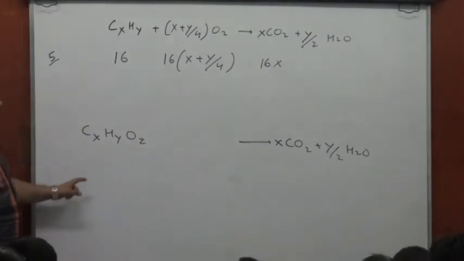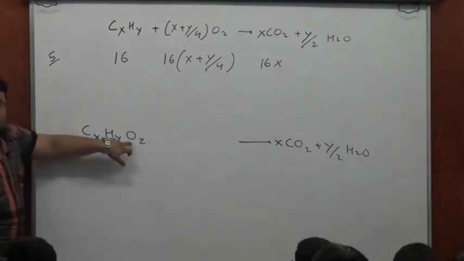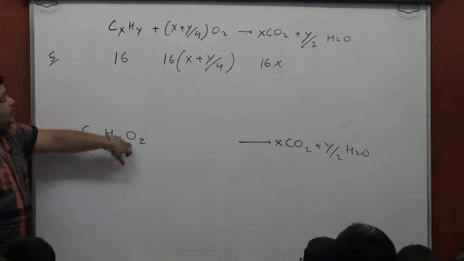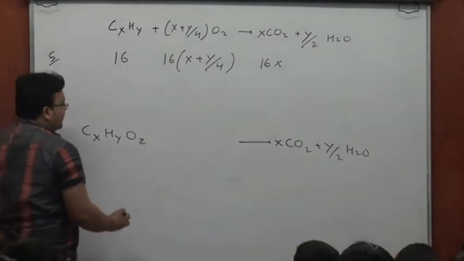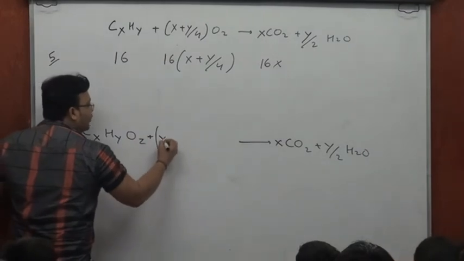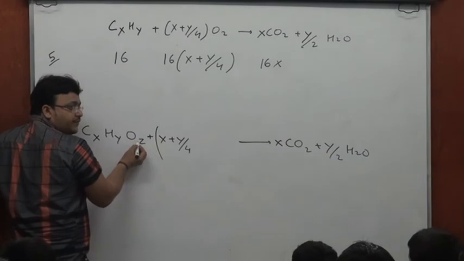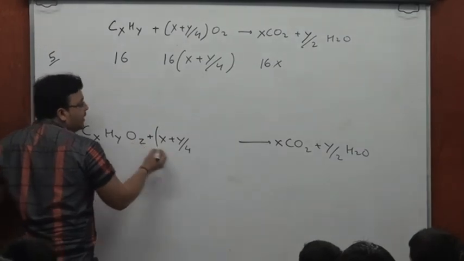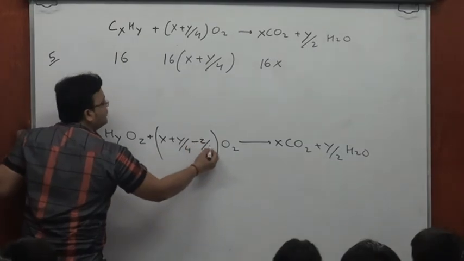The only difference will be, because it contains oxygen already, the amount of oxygen required would be less. And I'm going to so easily equate it. I wanted x plus y by 4. Because I have oxygen now, Oz, and here I'm going to write O2, minus z by 2.